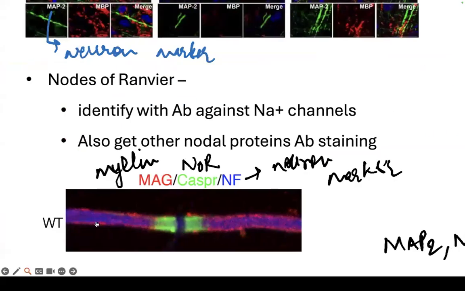So what you can see here is that this blue thing, the entire thing, is neurofilament. And then here you see a lot of red. You don't see as much red here. There's a little bit, but you see mostly red away from this green part, where there's this Caspr, which is a node of Ranvier related protein. And then in the middle, you actually see that it's empty.